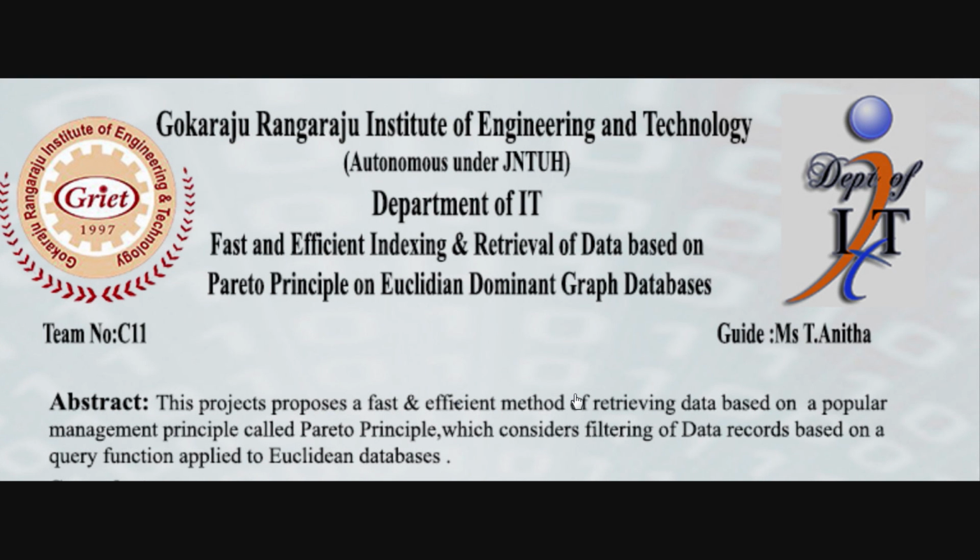The existing system does not address the layering of data based on the Pareto principle. It only uses the Skyline algorithm for addressing the database indexing problem for fast retrieval.